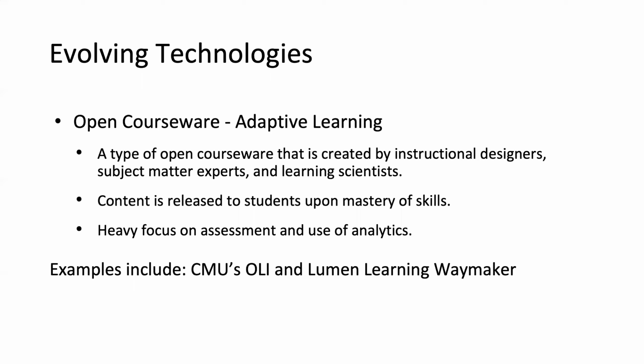In adaptive learning, the content can be released to the students upon mastery of the skills. So the students just see what they need to see. They take an assessment on it. There's a very close alignment between the learning objectives and the assessment, and that's where, for example, OLI has been spending a lot of time analyzing the data that's coming back from the assessment, and then going back and refining the content according to the learning objectives.